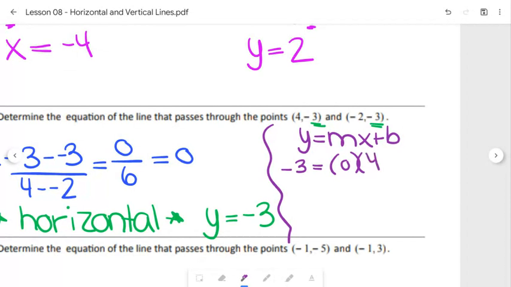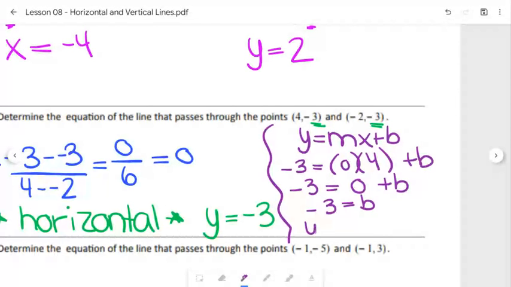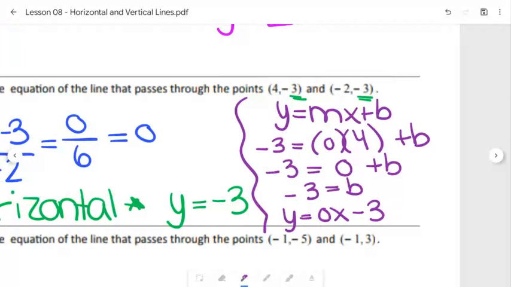So if I plug in the 4 plus b, negative 3 is equal to 0 times 4 is 0 plus b. That means my y-intercept is b. So it's like I have y equals 0x minus 3, but anything times 0, so anything in for x would have canceled out. That's how we end up with the equation y equals negative 3.